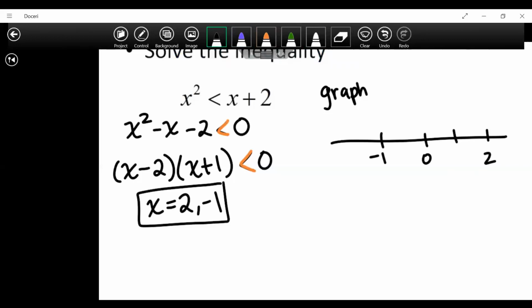Open or closed circles? Open. Our inequality is strictly less than, so there's no line underneath, so we can't bubble them in. Now, because it's less than, meaning it's going left, are they connected or not connected? Connected. So we're going to connect them on the inside.